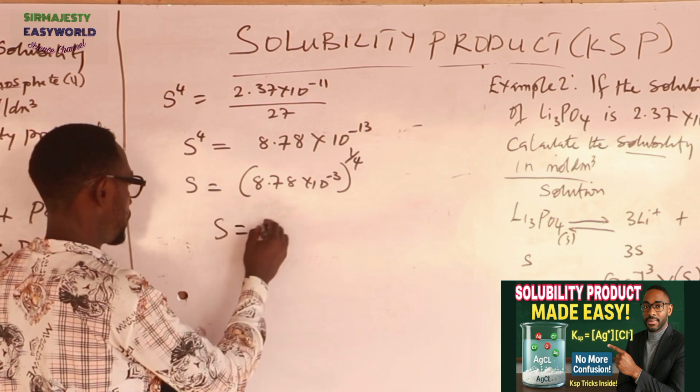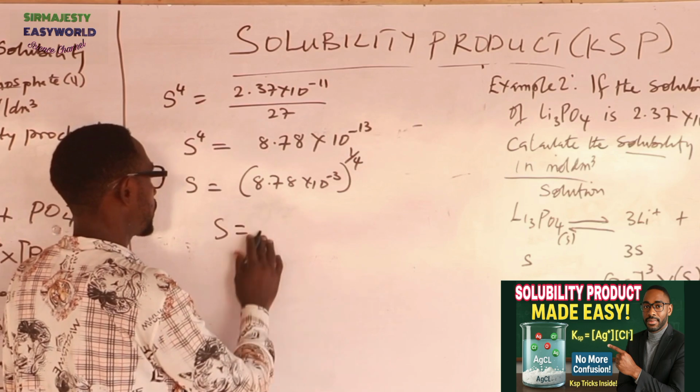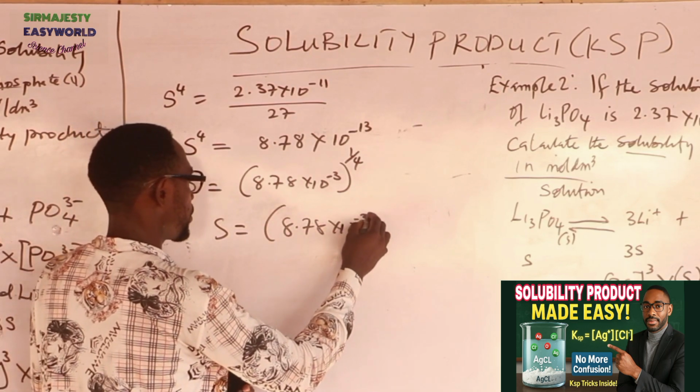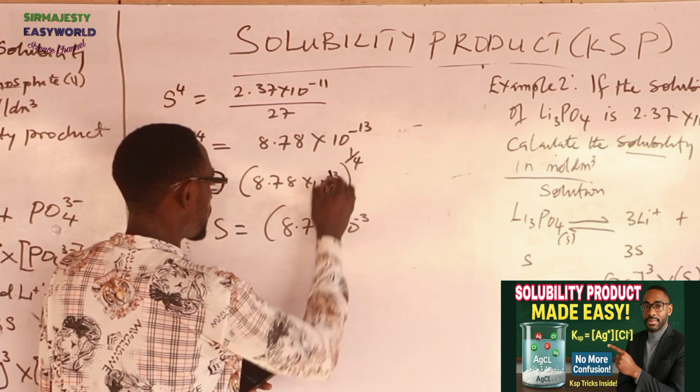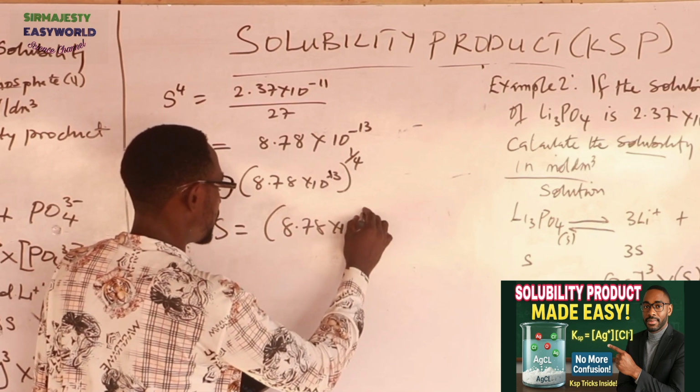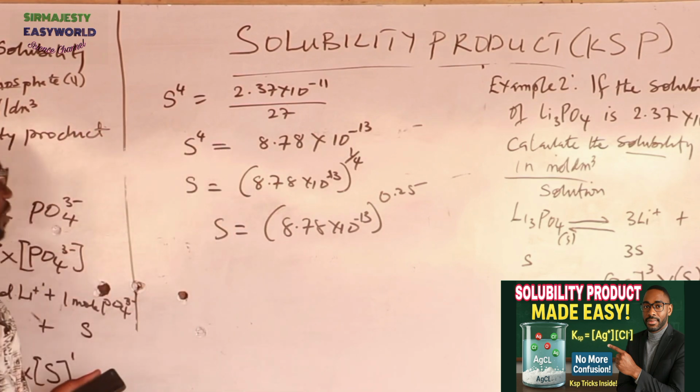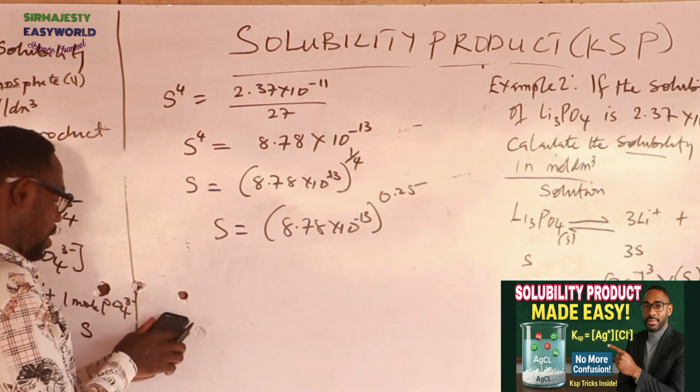So my S is equal to 8.78 times 10 raised to power minus 13. Please, this is where errors would have occurred, serious ones. All raised to power 0.25. That's the meaning. Okay? So I will press it separately.